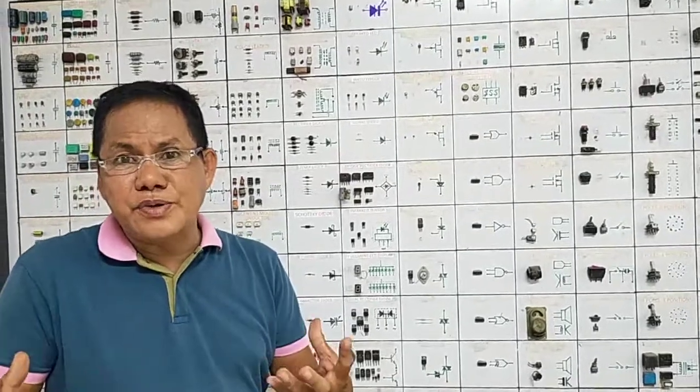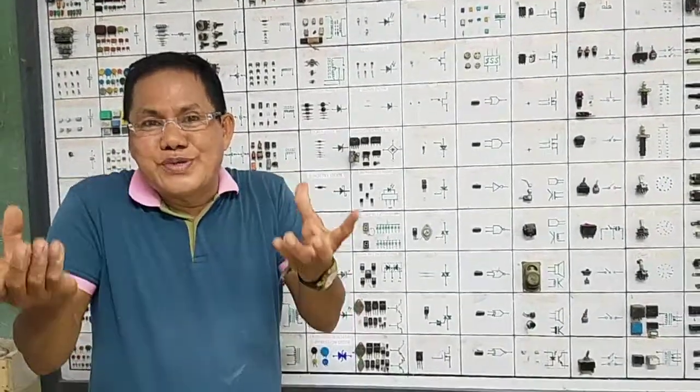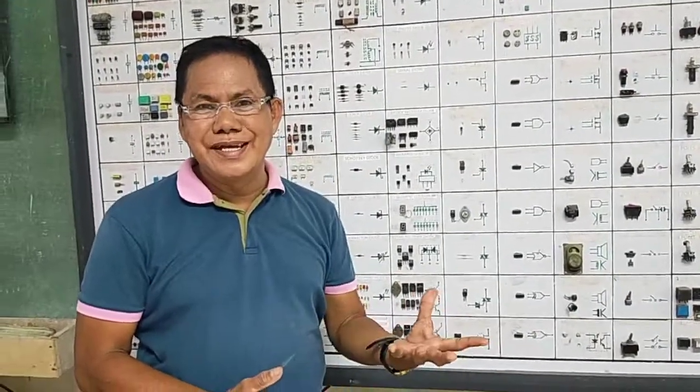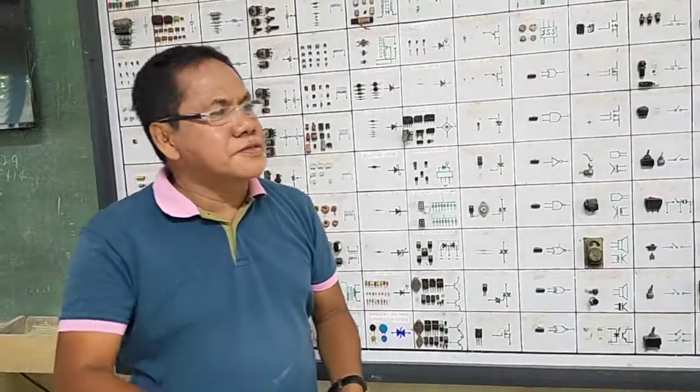Rectification is the process of conversion of AC into DC. Basically, there are three types of rectifier circuits: the half-wave rectifier, the full-wave rectifier, center tap type, and the full-wave rectifier, bridge type.